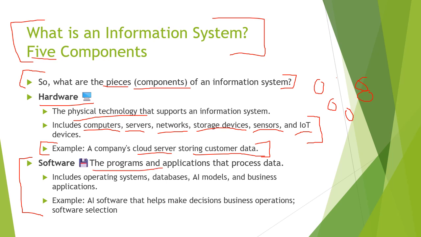Then you need the software within the hardware. The software is really the programs and applications that process all the data. This includes the overall operating system, the different database software systems, the different AI and analysis tools, and a lot of different business applications, accounting systems, Excel, that type of thing. For example, you have different AI software that helps make decisions.